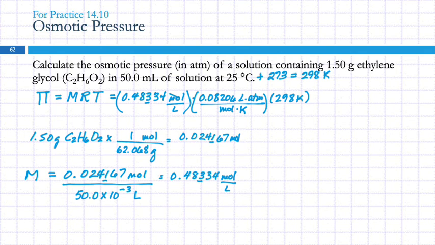And we see that our units are all going to cancel out nicely. And rounding to 3 sig figs, we get 11.8 atmospheres.